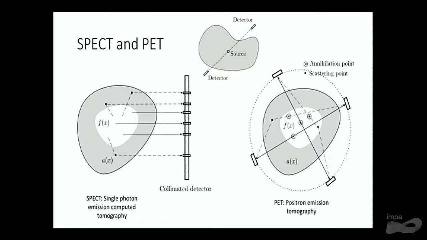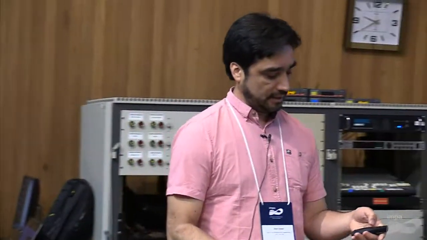In the case of PET, you also use the fact that you have some annihilation in the nucleus of the atoms, and then you have two photons going in opposite directions, and you try to obtain the location of the source by synchronizing the arrival time of these 2 photons. So they are completely different, but both are based on a mathematical tool called the attenuated Radon transform.